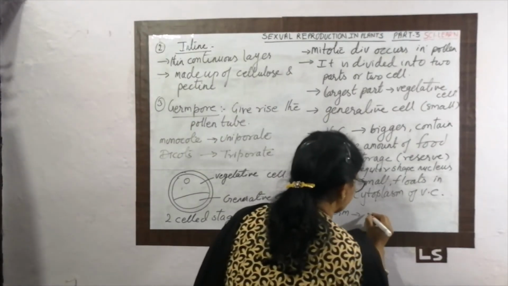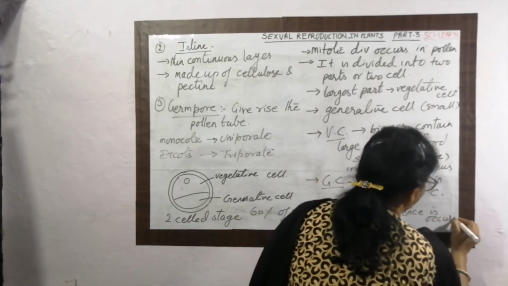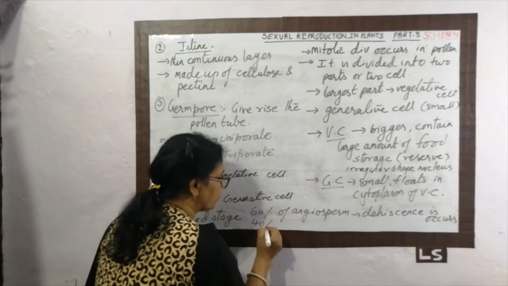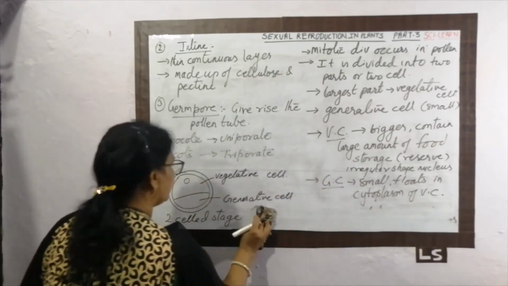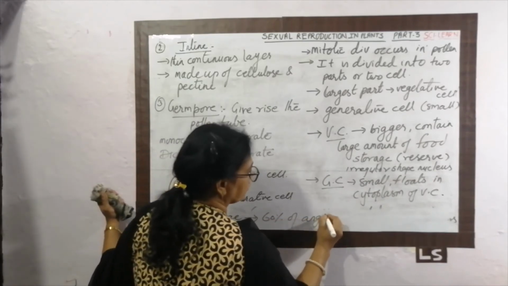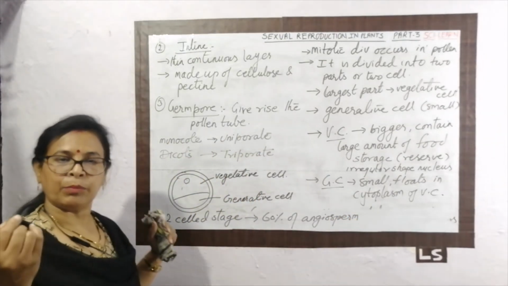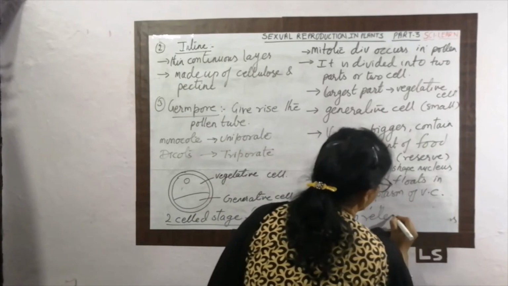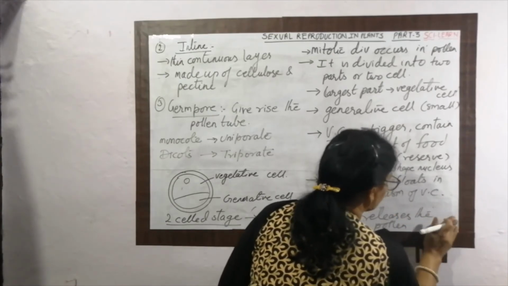Dehiscence occurs. Angiosperms are the flowering plants. 60% of angiosperms release the pollen grain in the two-cell stage. That is called the process of dehiscence.